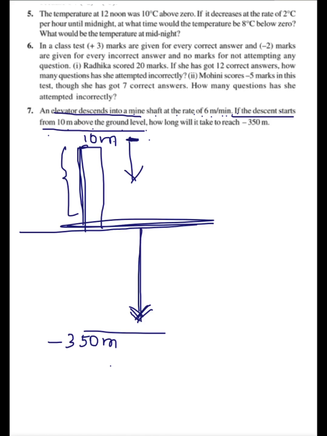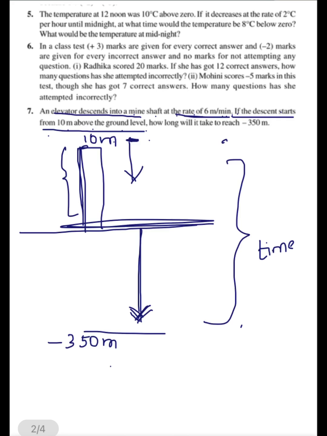And the question is, how long will it take to reach here, from here to here? One piece of information is given: it is descending at the rate of 6 meter per minute, that is, moving downward at the speed of 6 meter per minute.